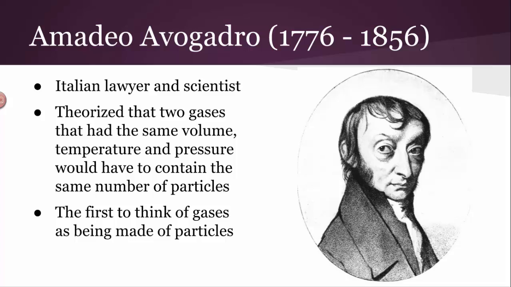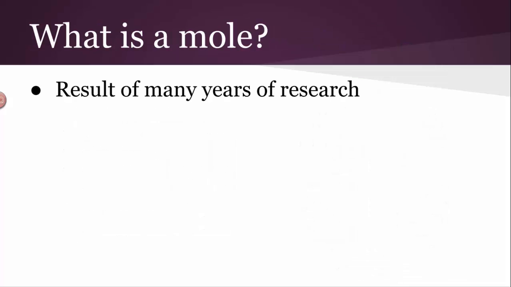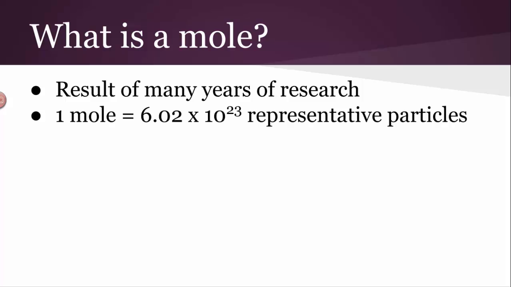Avogadro was the first person, though, to start to think of gases as composed of particles, which is pretty impressive for the time. Now, after many years of research, including people like John Dalton, who we've heard about, Berzelius, Proust, Boyle, Jacques Charles, we finally came up with a definition for what a mole is.